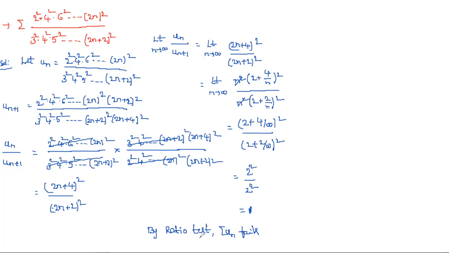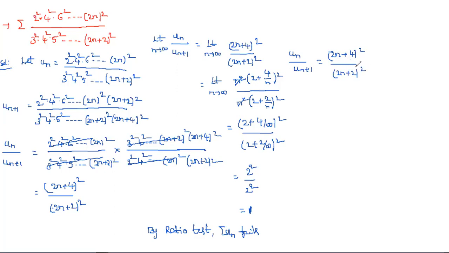Okay, then we need to go for Raabe's test. So for that, n into un by un plus 1, what we got here, un by un plus 1 is equal to 2n plus 4 whole square by 2n plus 2 whole square.